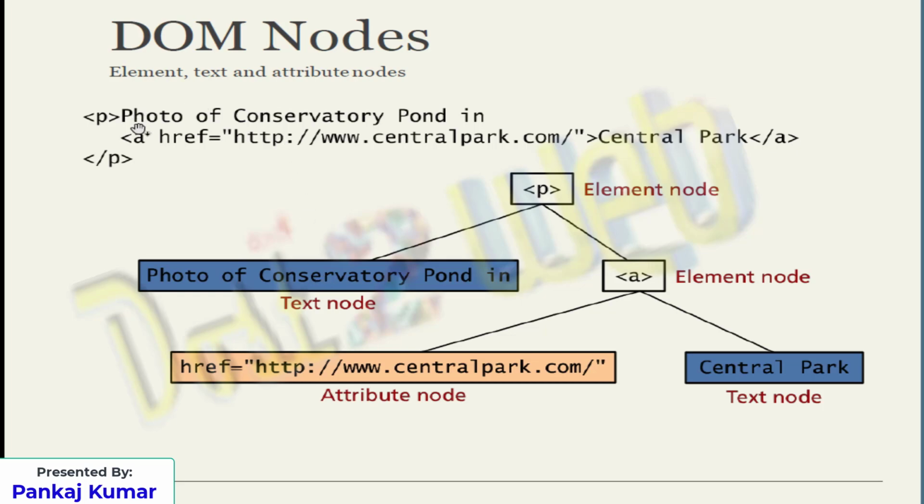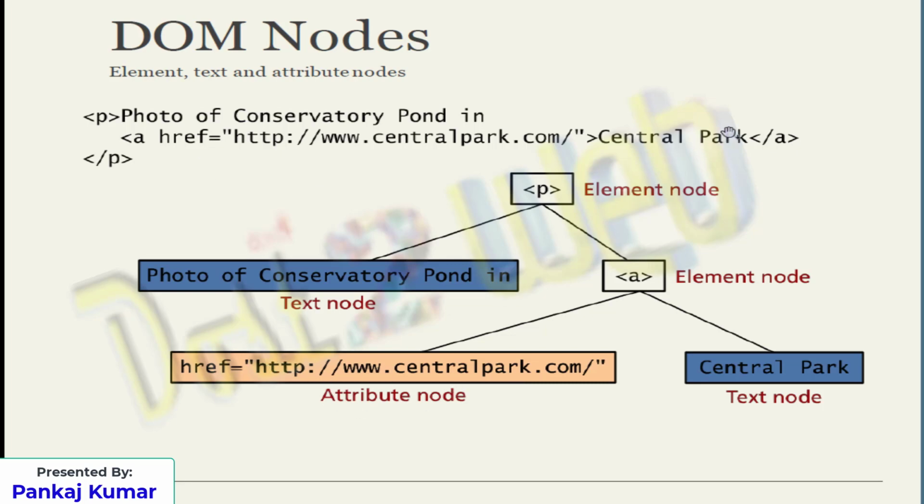But again, if you look here, you have an anchor tag. This anchor tag is a container tag. Again you have a central part, that is the text node. This is the element node. Again you have an attribute. What is the attribute? That is href, the hyper reference. You are giving a hyper reference, so this will be called your attribute node.